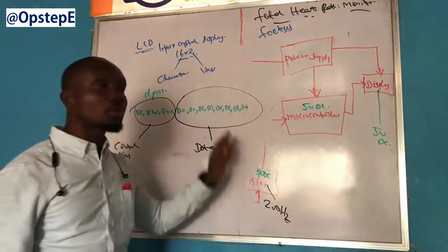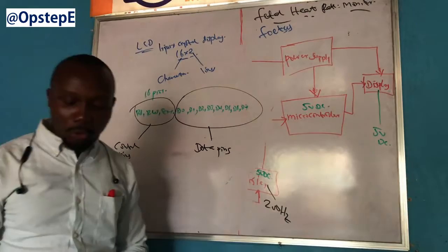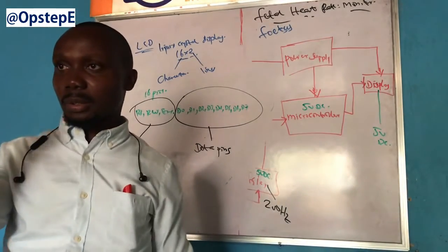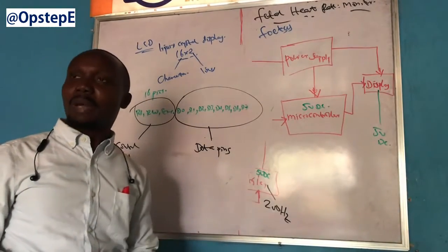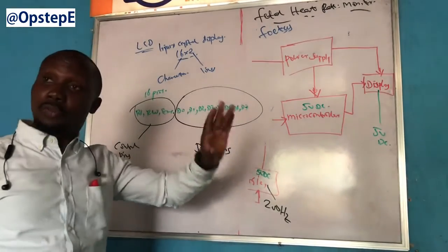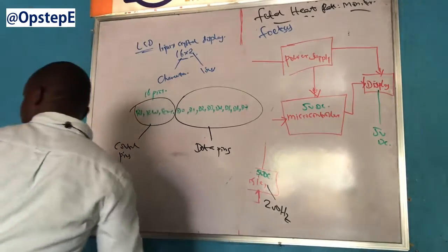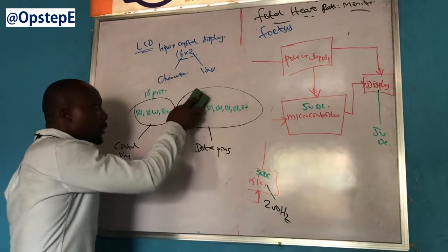But the implication is that for you to display, you have to send your data twice. Usually, if you use the 8 pins, you send your data just once. But if you are using only 4, you send your data once, then twice. What I'm trying to say is that on the data lines, we do not use D0 to D3.